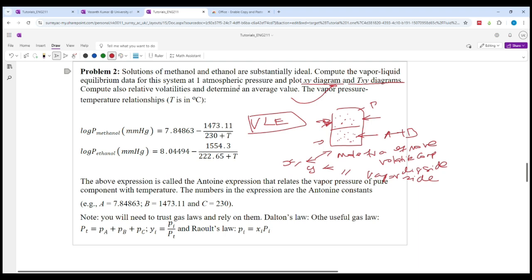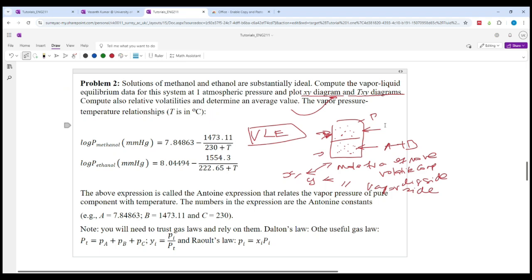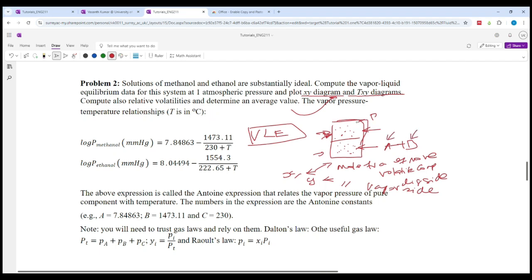Then what we have here. Let me read the problem, that should give you some idea. We have a solution of methanol and ethanol, so clearly it's a two component system. Let's call it A and B. Let A be methanol and B ethanol.